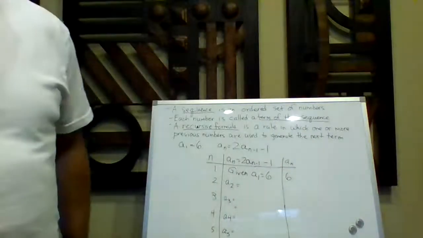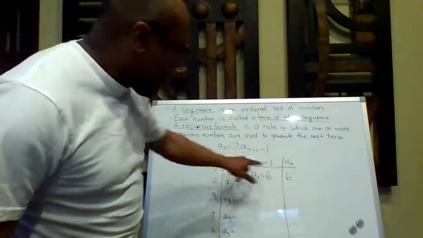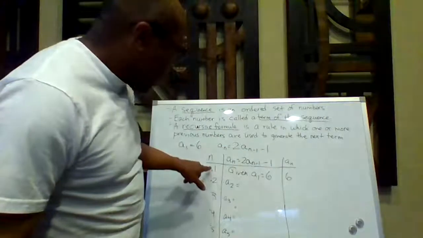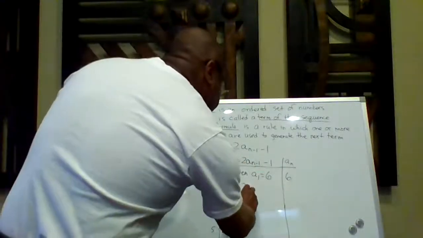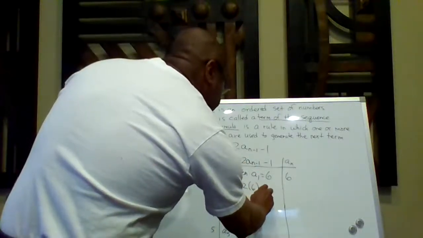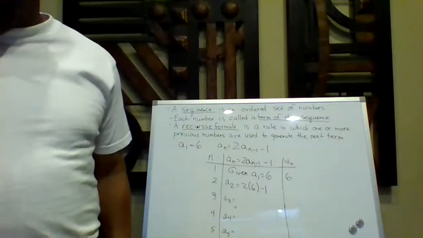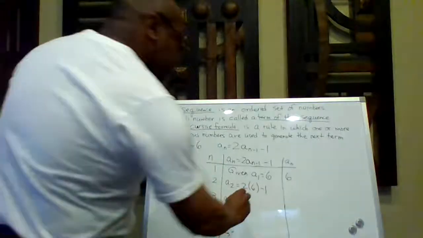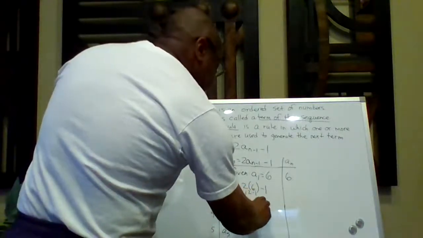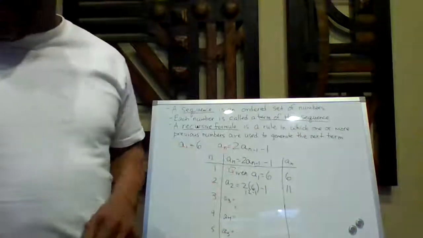So to find a sub 2, we're going to look at the outcome when n is 1, and that is 6. So it becomes 2 times 6 minus 1. 2 times 6 is 12, 12 minus 1 is 11. So a sub 2 is 11.